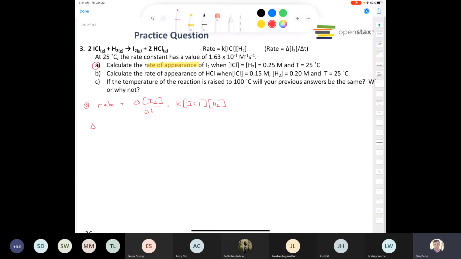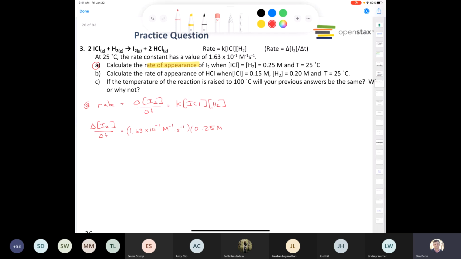So we get that the rate of appearance of our iodine over time is going to be equal to K, which is 1.63 times 10 to the -1 molar to the -1 seconds to the -1 multiplied by the concentration of both of these. And you see that they're both 0.25. So I'm just going to write 0.25 times 0.25. I could have written 0.25 squared. I left my units out.